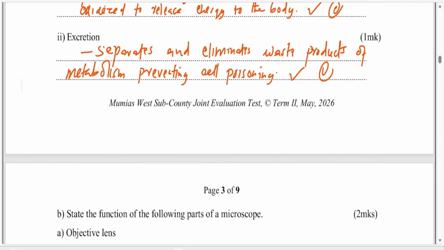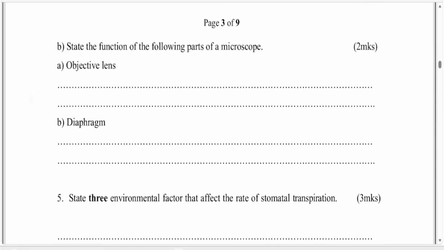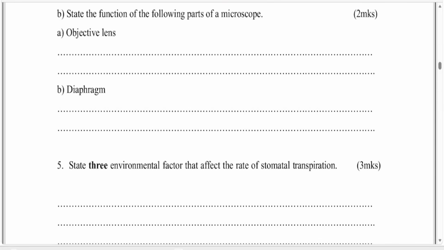Let's move to part B of this question. State the function of the following parts of a microscope. We have several parts of a light microscope, and one of them includes the objective lens. We have the parts of a microscope, and some of these parts include the objective lenses.